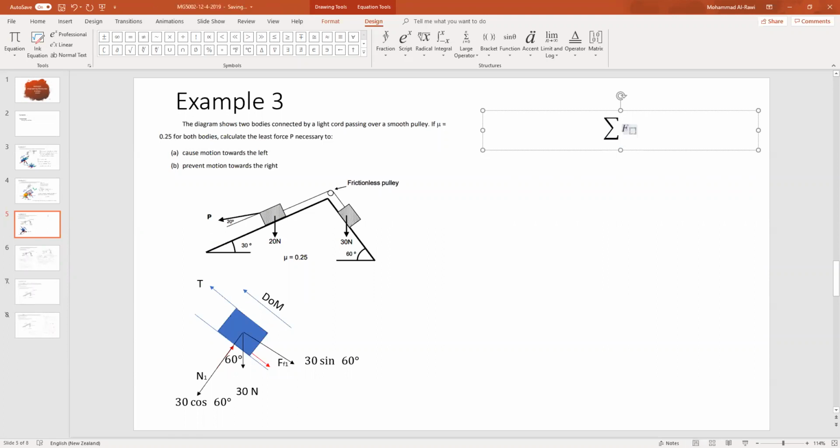So summation of forces in the y direction equals 0. So that one will be N1 equals 30 cosine 60 degrees. If you try now using your calculators, you find N1 is equal to 15 newtons.